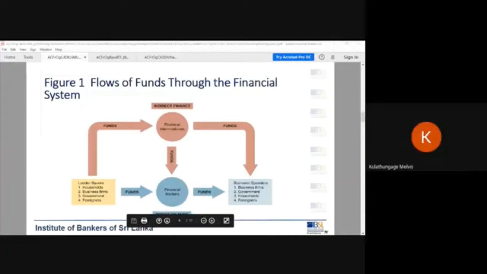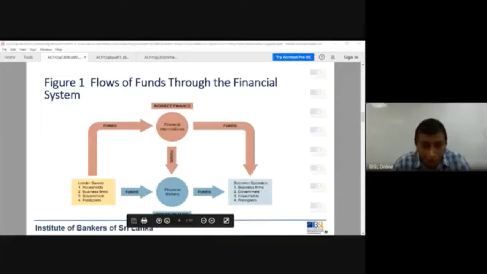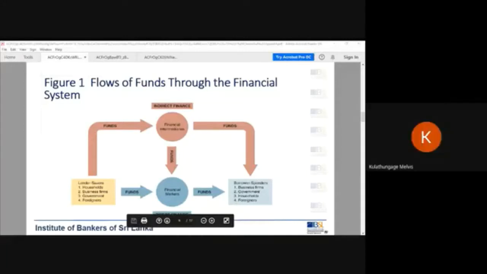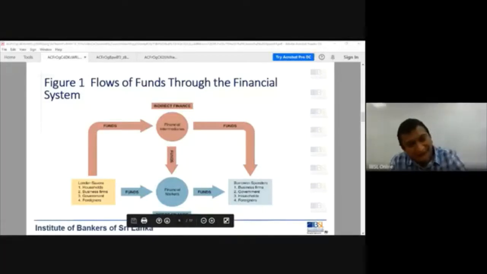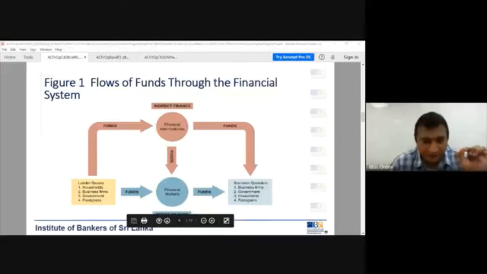Sir, financial markets could be the stock market also, no? Financial market could be the stock market? The stock market is one sub-element of a financial market. Right. The bond market is another element of a financial market. The foreign exchange market is another element of a financial market.